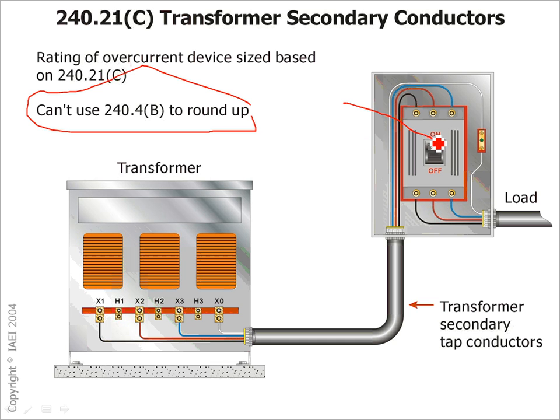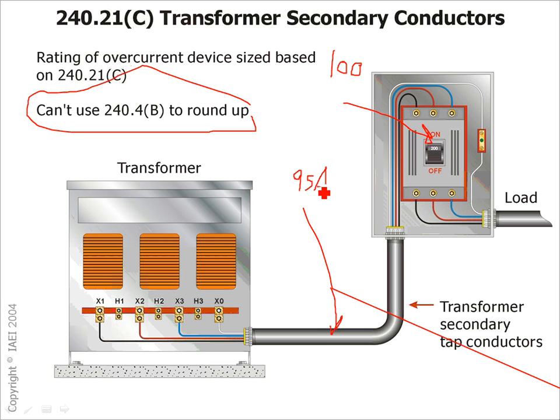If the size of this panel, this circuit breaker, because of the tap rule, if the circuit breaker was 100 amp, can this feeder be 95? The round up rule up to 800 does not apply here.